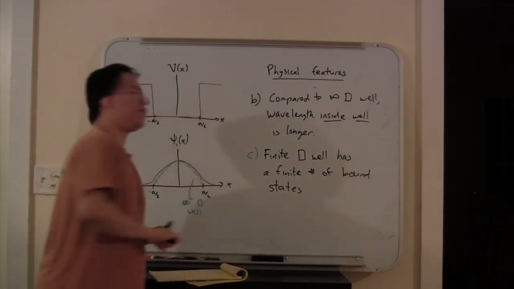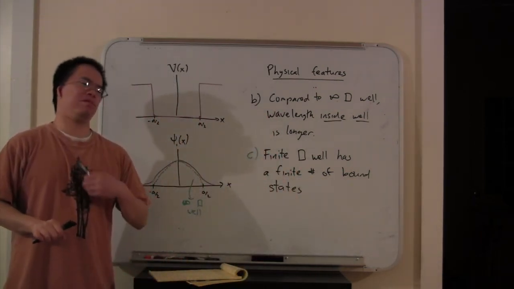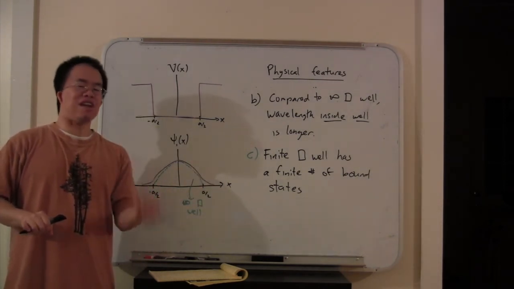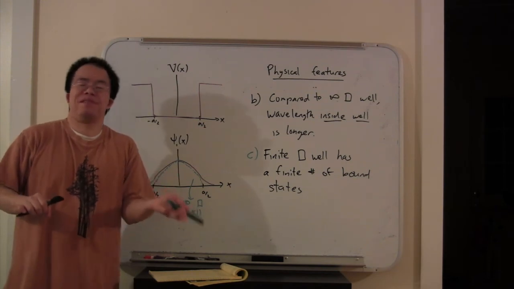For the infinite square well, I could keep counting up with n, E sub n and psi sub n all the way up to infinity.